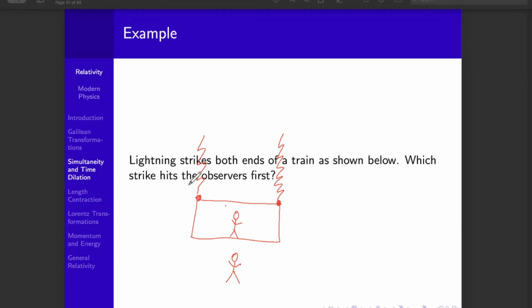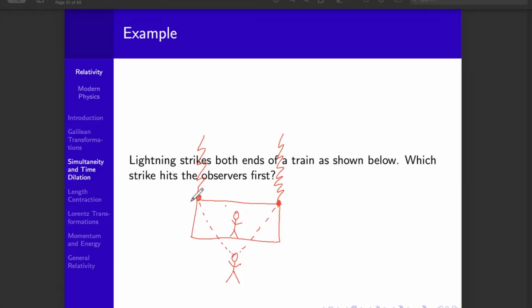Well, the person outside of the train is equidistant from both of them, so it makes sense that they should observe the two strikes hitting at the same time. That's an equal distance between both of the strikes and the person, and light moves at a constant speed, so that should happen at the same time.